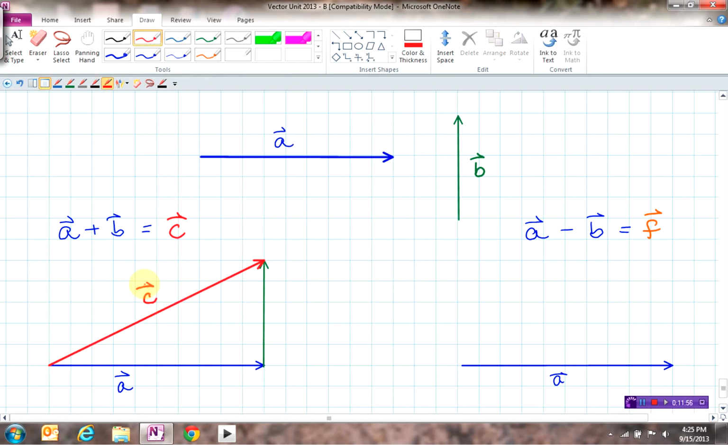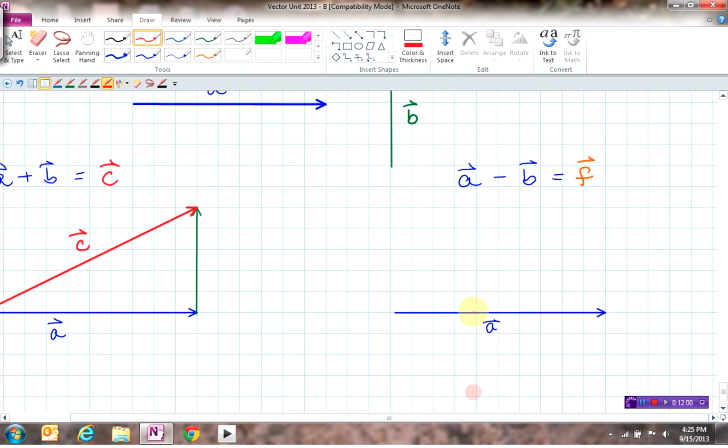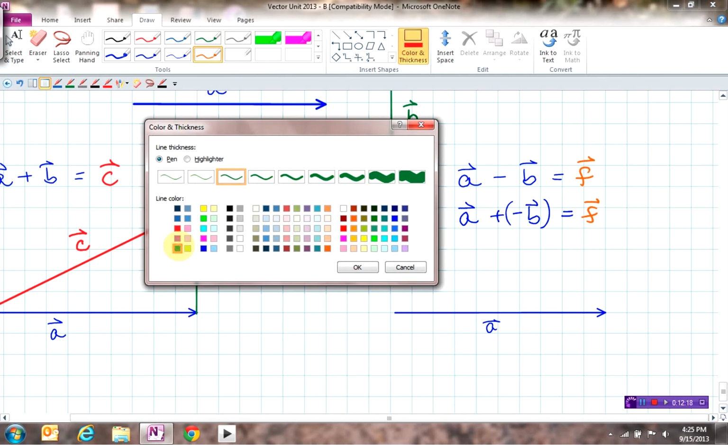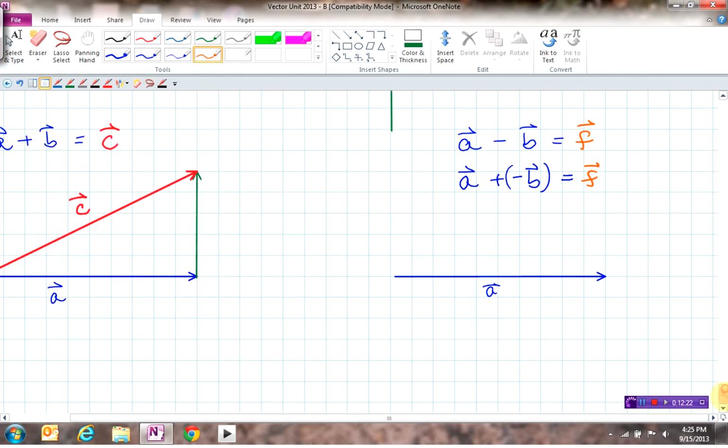Okay? Now what about this guy? Well, now remember, we're not going to be adding vector B, we're going to be subtracting it. We'll have to take vector A the way it is, add the negative vector B, and if we do that, we will get this new vector that we call F. Now remember what it is. Negative B vector is the same magnitude as B but going the other direction. So we're going to have vector B go like this.